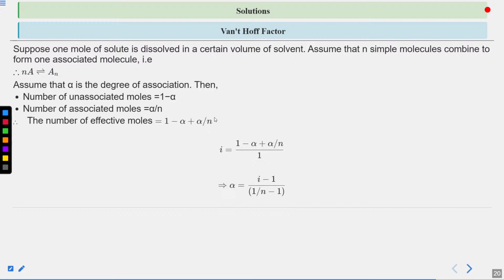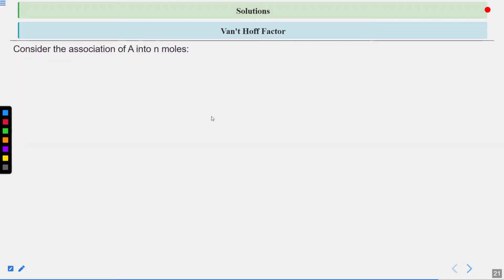Moving on to the case of dissociation. Suppose the same molecule which was associating earlier is now dissociating. It's not a perfect case, it is just an ideal case that we are considering here. So suppose we take a different molecule which is again represented by A, and this A is being dissociated into n moles.